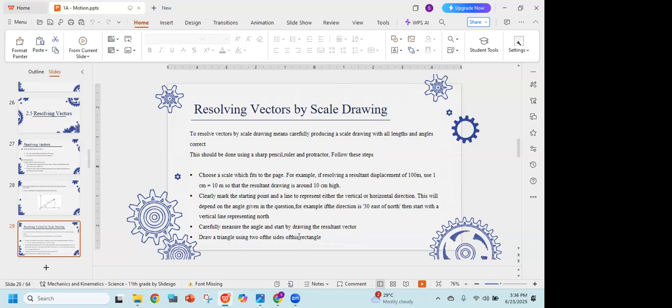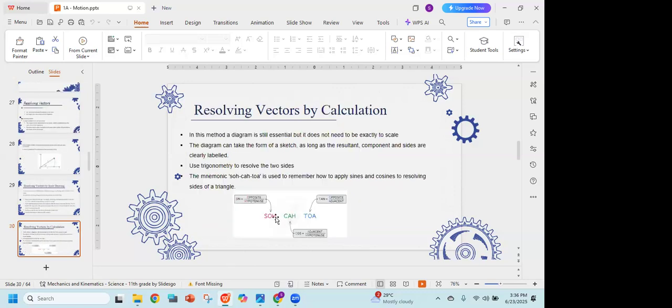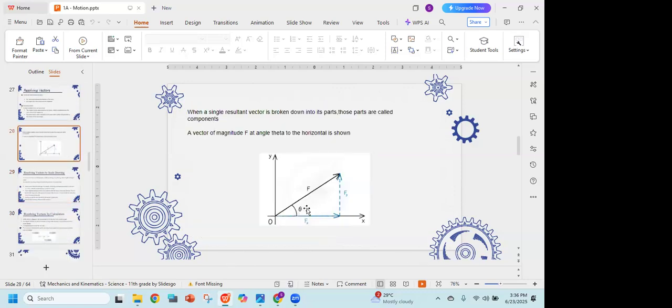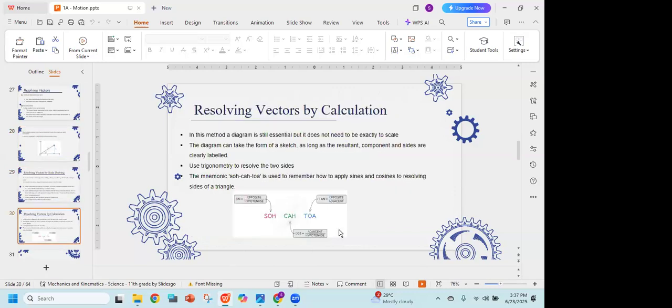You can draw a triangle like this. Can you see? We have drawn this line, and then draw the vertical and horizontal vectors, just connect it like a triangle. So resolving vectors, now you have learned for O levels sine, cos, tan, right? Sine means opposite over hypotenuse. We say SOH.